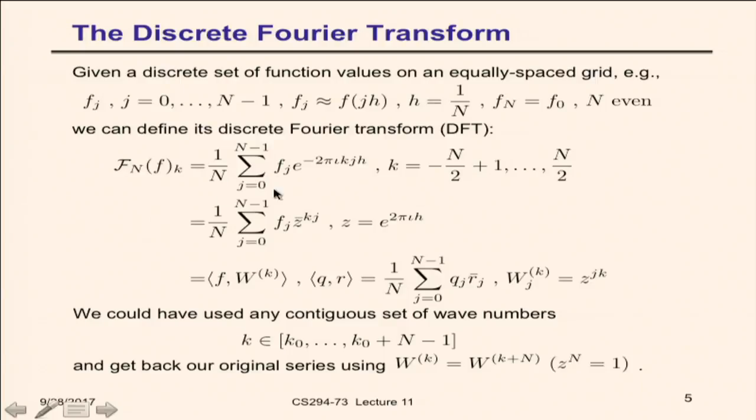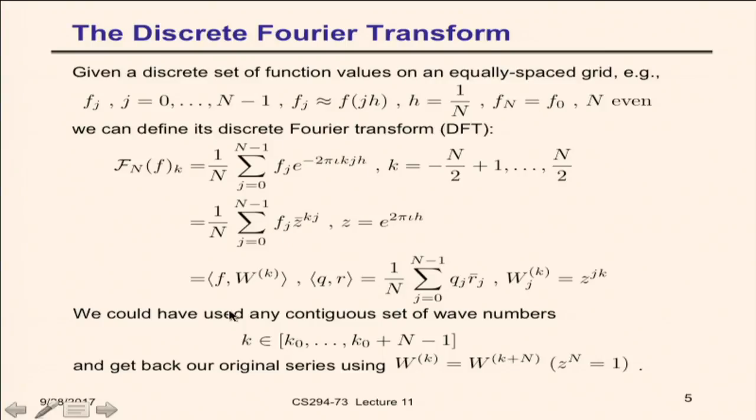And a really compact way of defining them is that if you define z is equal to e to the 2 pi i times h, then this is just 1 over n sum from j equals 0 to n minus 1 f_j z conjugate to the kj. So it's just a very simple geometric looking series multiplied by f's.